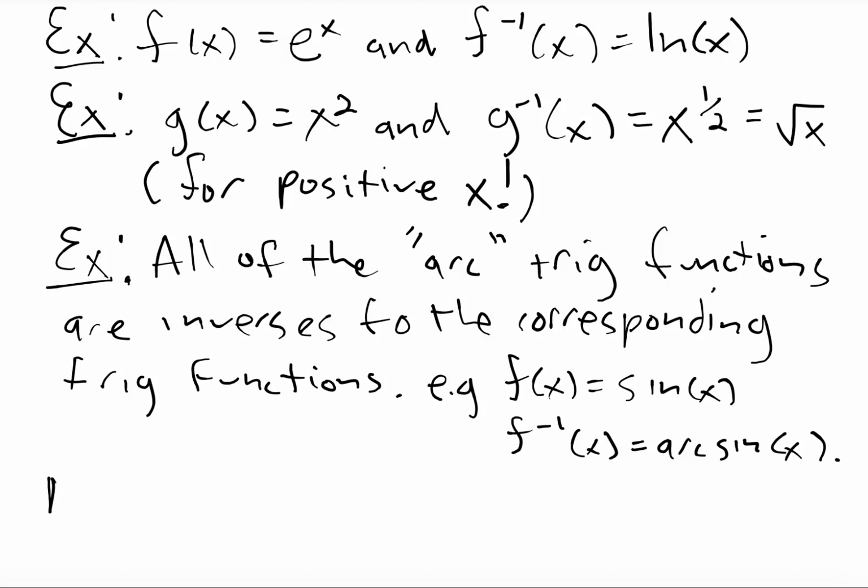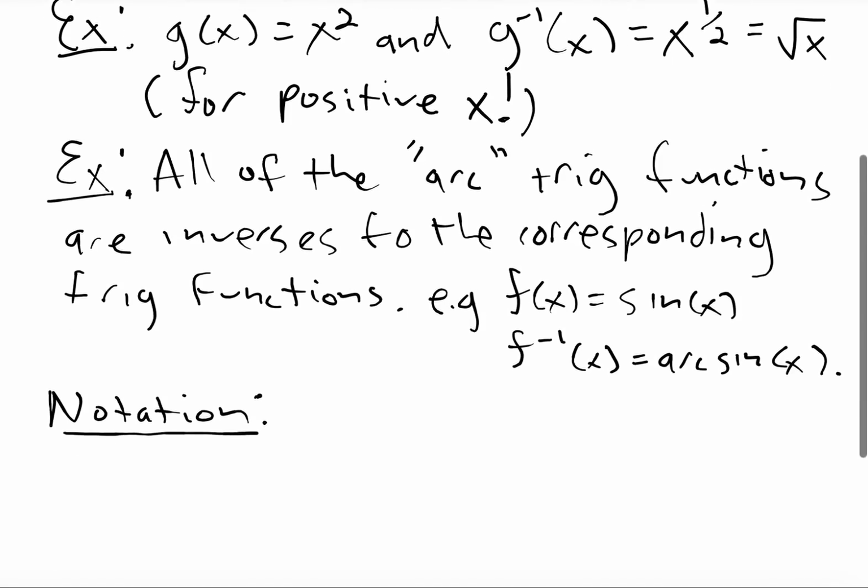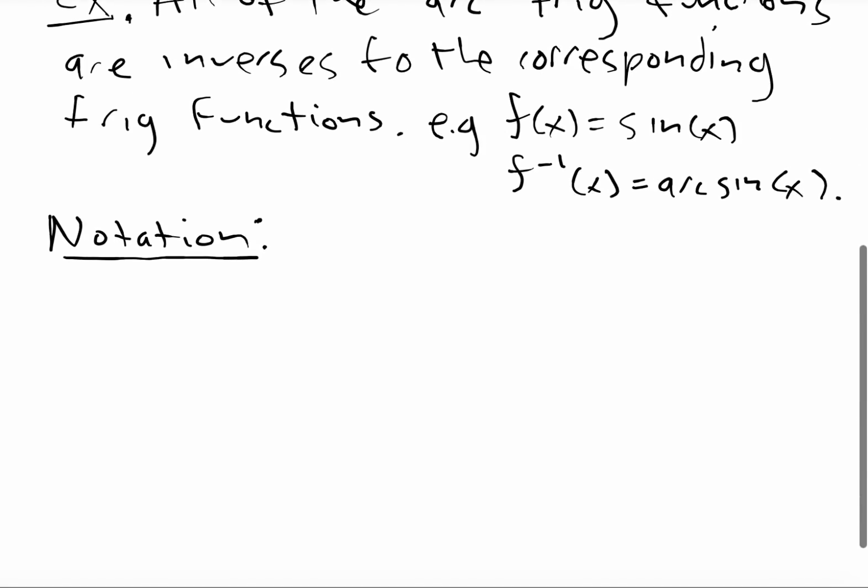Now, a comment on notation. For this particular trig function, arc sine, and all the other ones, arc cosine, arc cotangent, arc secant, etc., all of my arc trig functions can also be written in inverse notation.